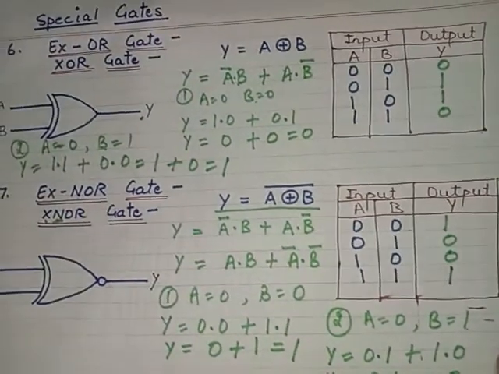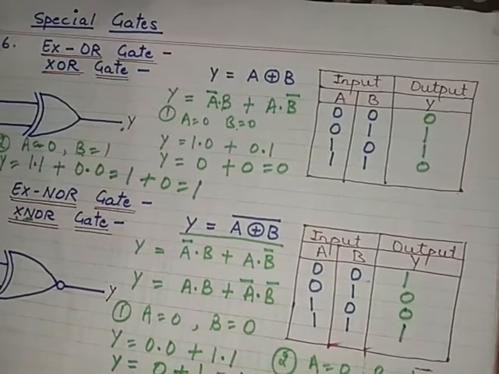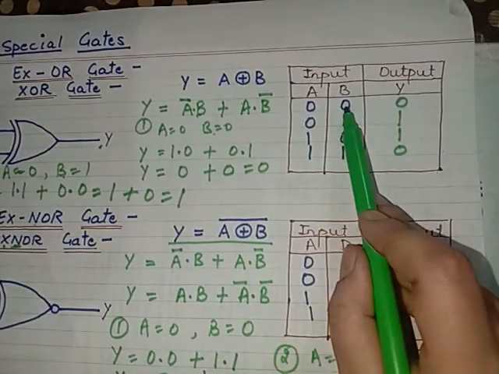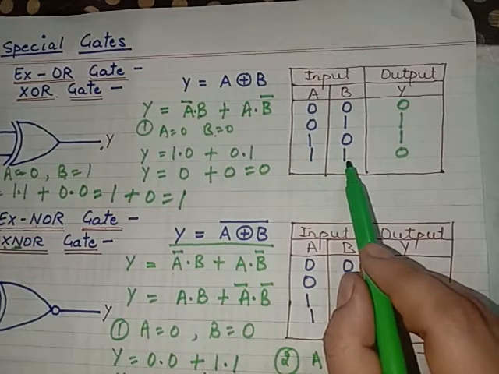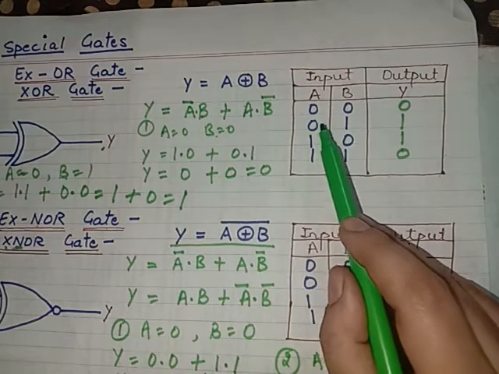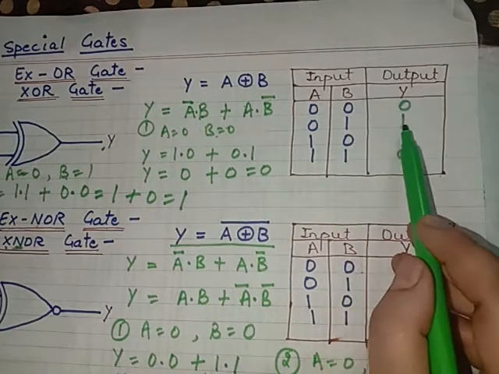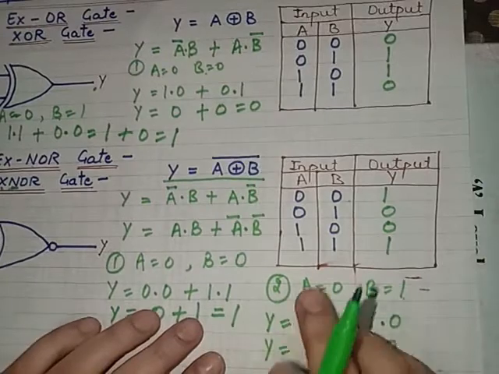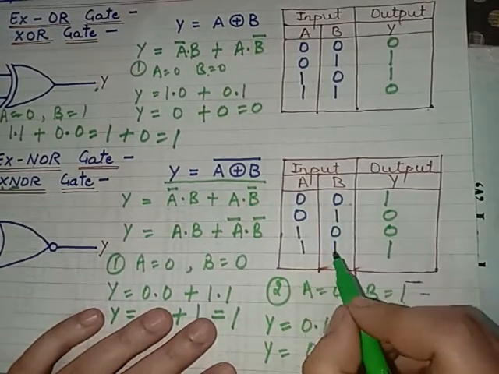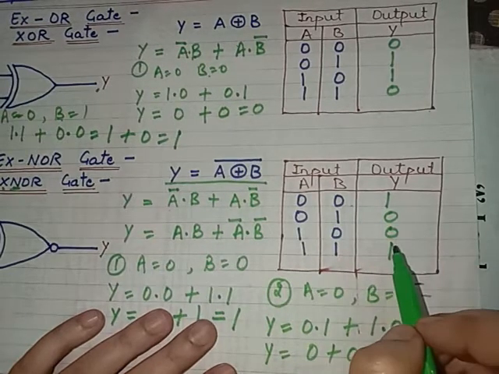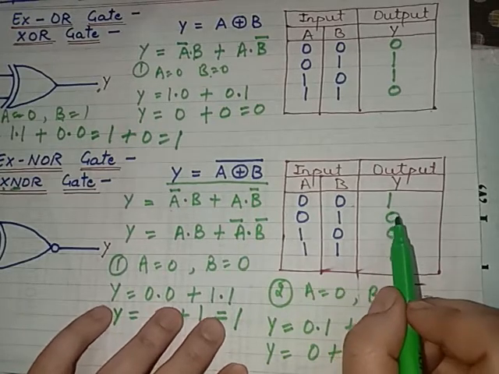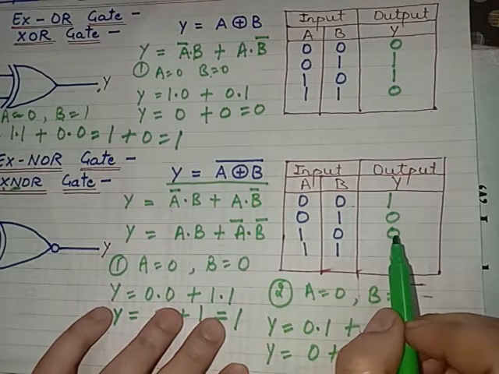So in the exclusive OR gate, if both of the inputs are low or both are high, then the output will definitely be low, and if one input is low and one is high, then the output will be high. But in the case of the exclusive NOR gate, if both the inputs are low or both are high, then the output is high, and if one input is low and one is high, then the output is always low.